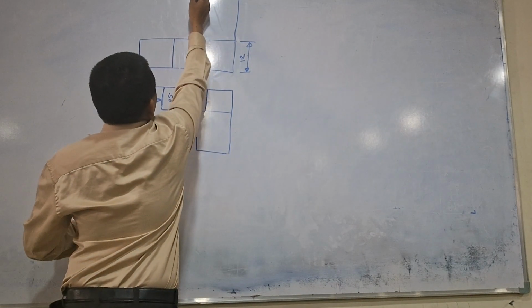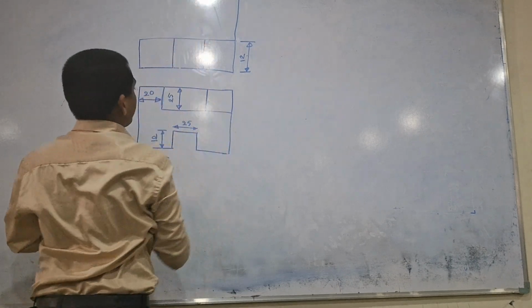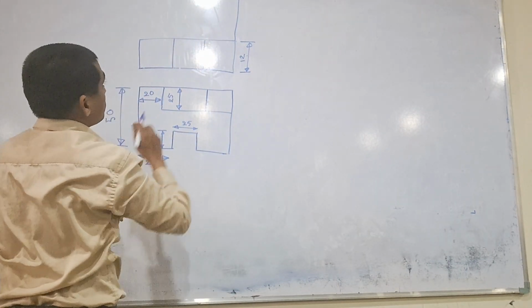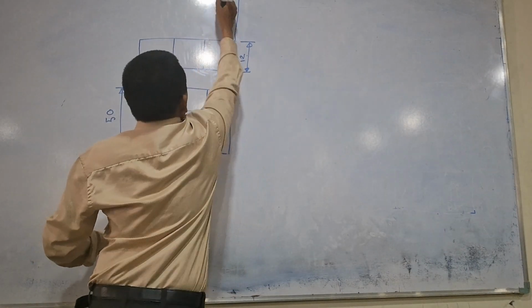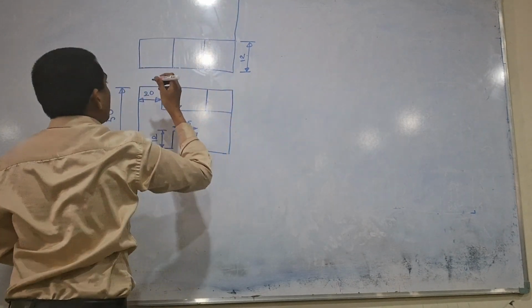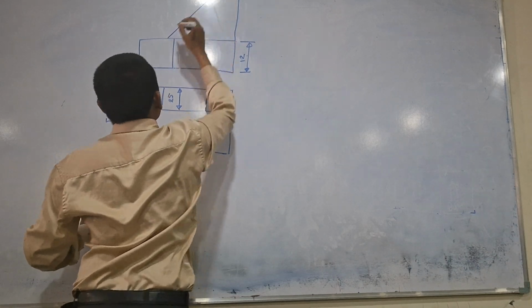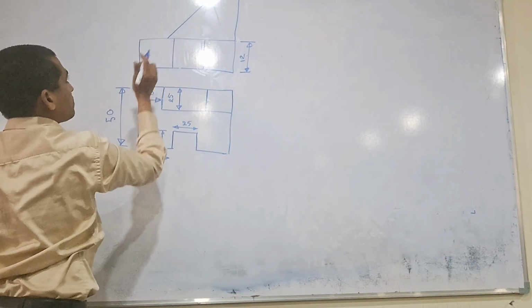Now this distance is how much is it? We will draw here because this portion is 20, right? Then this is there, this is 20, anyhow it is here, right?